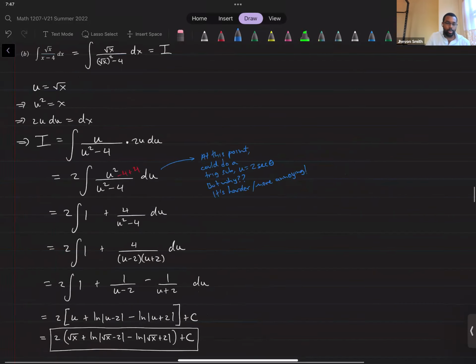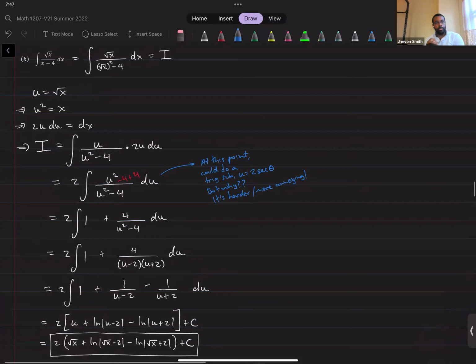We have more sophisticated ways of dealing with this now. I mean, if you find yourself in a test and you can't think about the partial fractions, I guess you can do it the trig sub way and you'd get the answer. You'd work a little harder, spend a little more time.